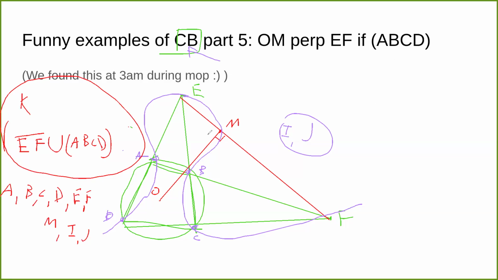So then by the Cayley-Bacharach theorem, there's going to be one cubic through all these points.